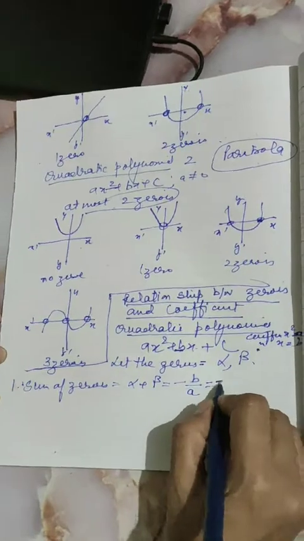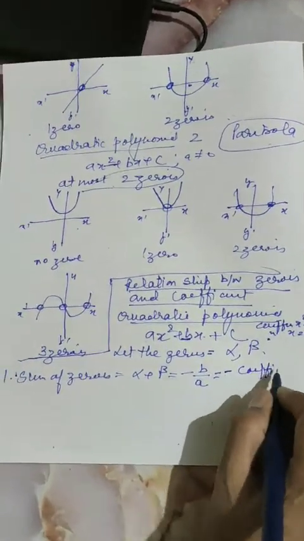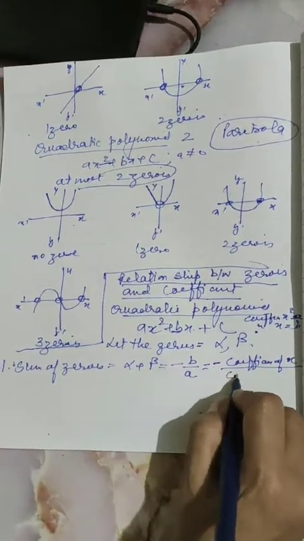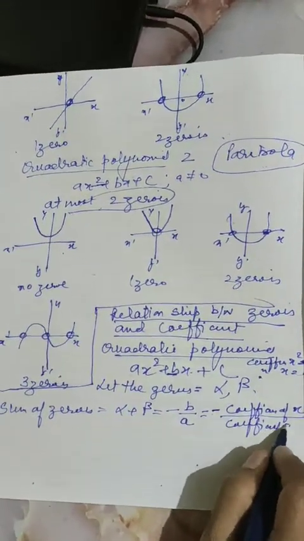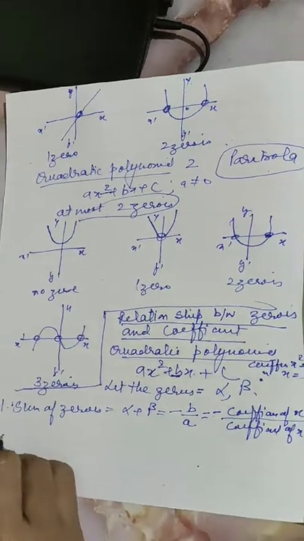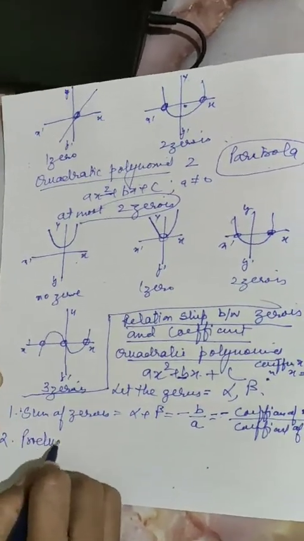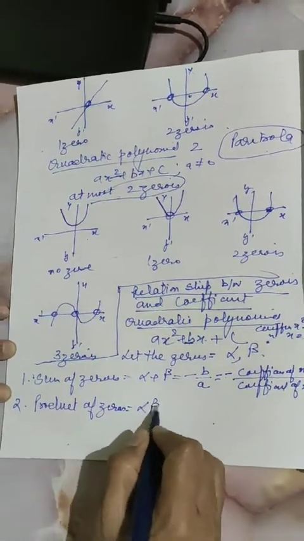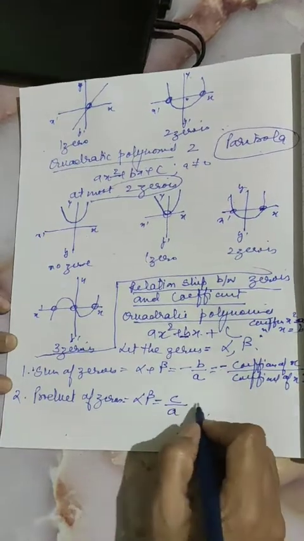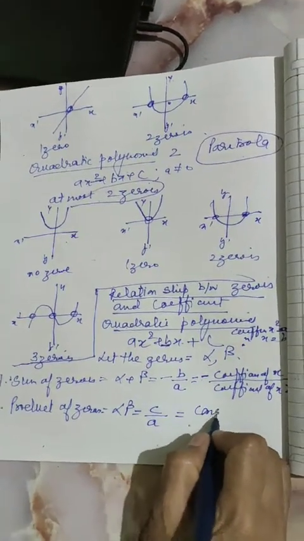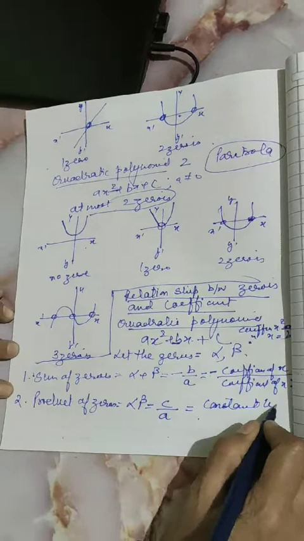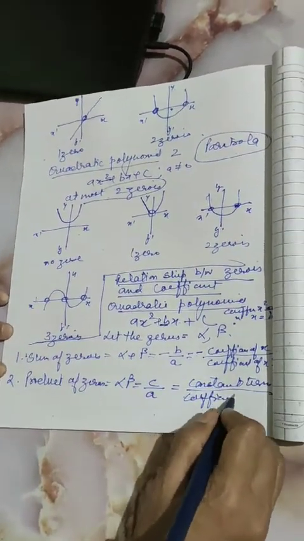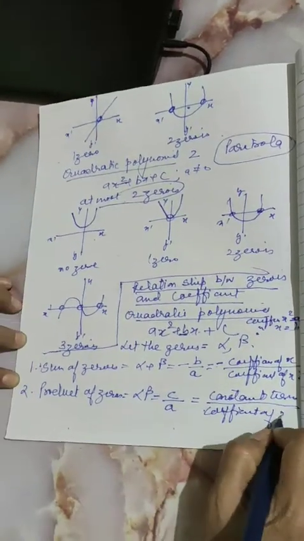So I can write it as minus coefficient of x upon coefficient of x square. The second relationship is product of zeros, alpha beta, equal to c upon a. I can say constant term upon coefficient of x square.